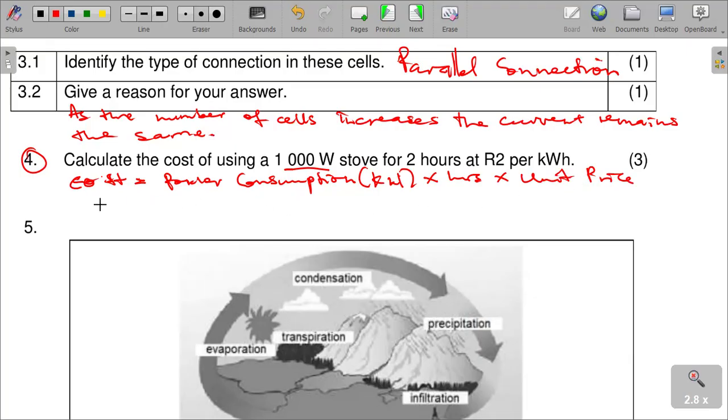So this is equal to our power consumption. We have 1,000 watts, which in kilowatts gives us 1 kilowatt, multiplied by time, which is 2 hours, and then multiplied by the unit price, 2 rand per kilowatt.